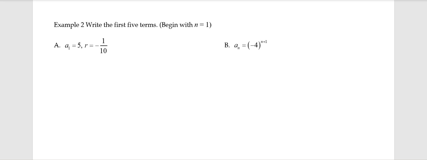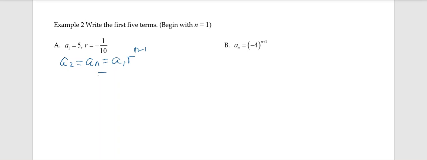Okay, we're going to write the first 5 terms of each sequence. All right, we're given a sub 1. We know the ratio is 1/10, so we'll start with a sub 2. So that's going to be, remember, a sub n is the first term times the ratio raised to the n minus 1 power.